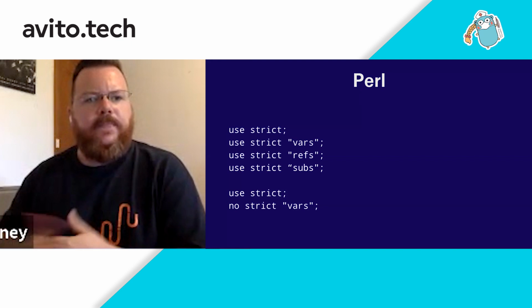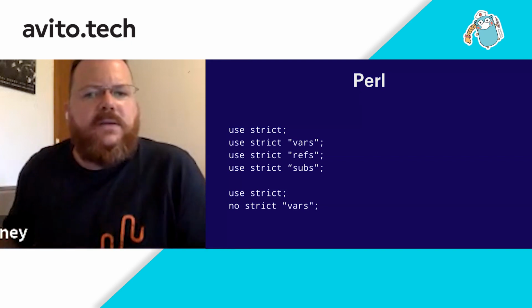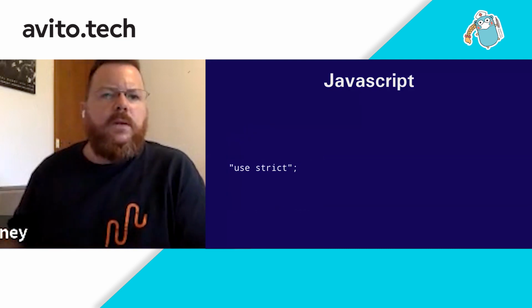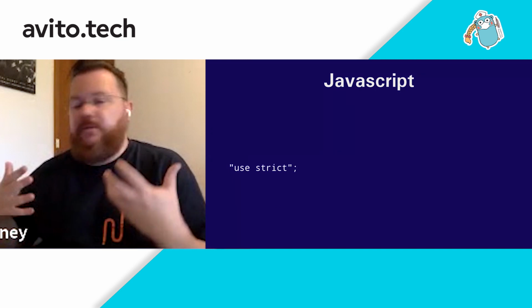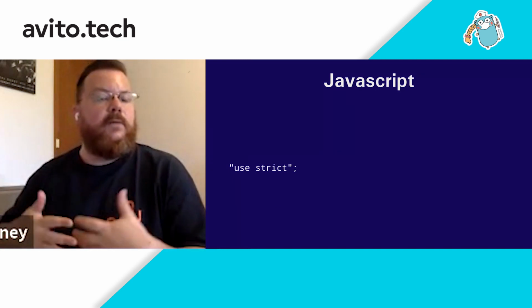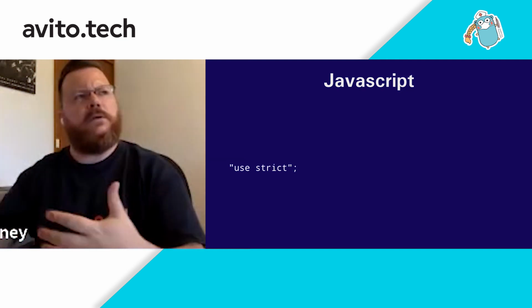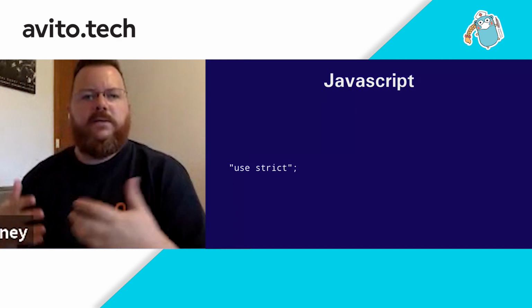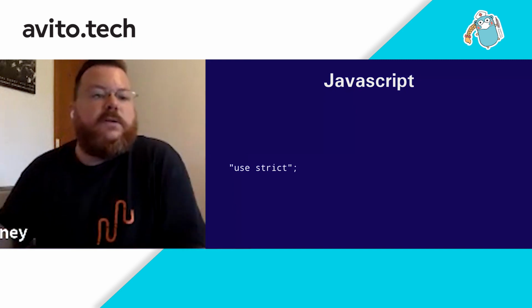Maybe it makes the compiler more pedantic, or maybe it just enables new syntax. JavaScript has a similar construct. In ECMAScript 5, they extend the language with so-called optional modes. And when you have different modes, you need to know which mode the source code should be interpreted in. And so in JavaScript, you use things like use strict, which enables strict mode.